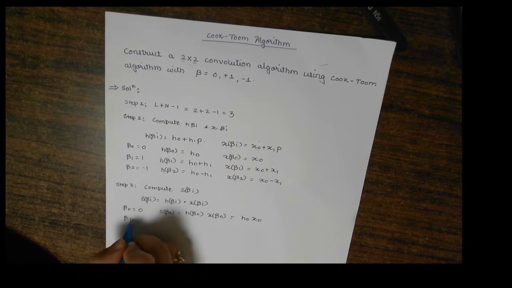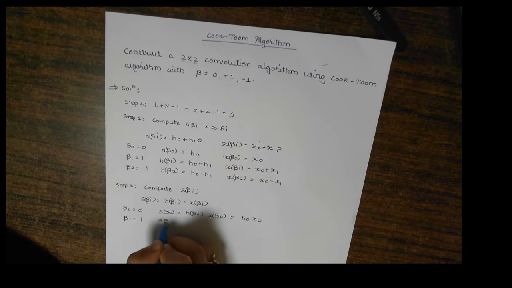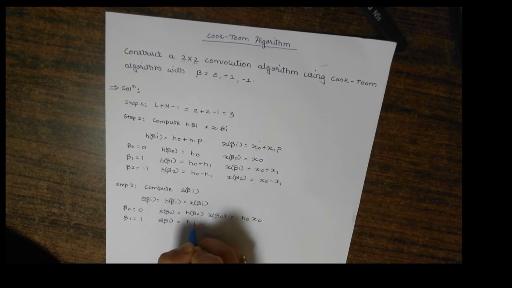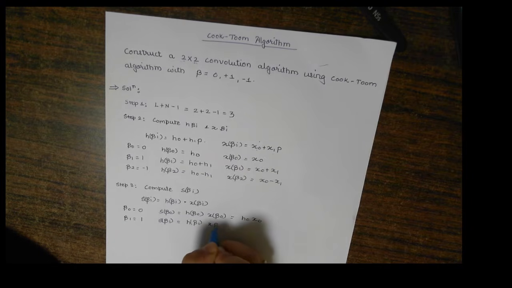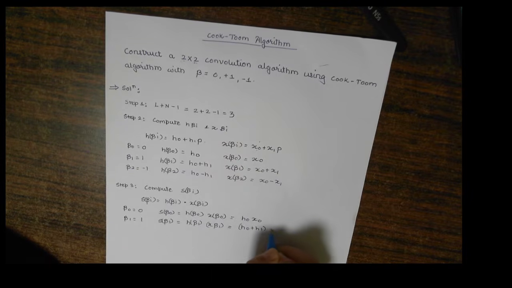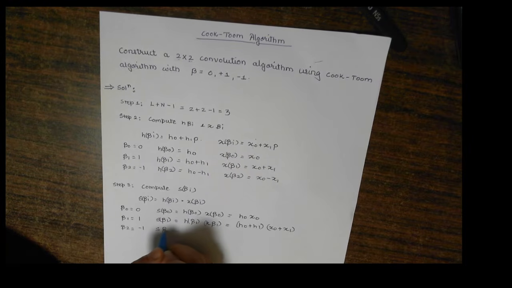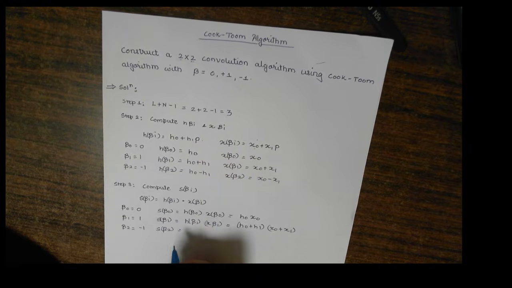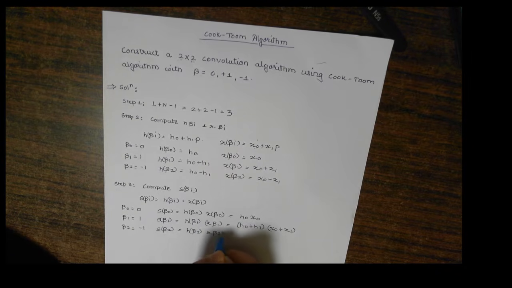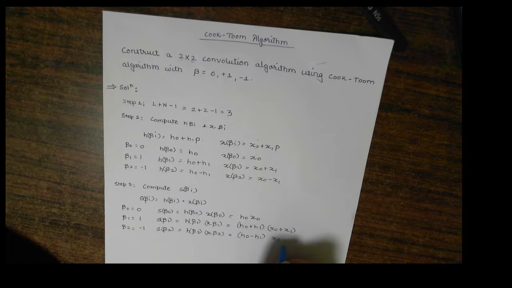Similarly, beta 1 equals 1, so s beta 1 equals h beta 1 into x beta 1 equals h0 plus h1 into x0 plus x1. Then beta 2 equals minus 1, s beta 2 equals h beta 2 into x beta 2 equals h0 minus h1 and x0 minus x1.